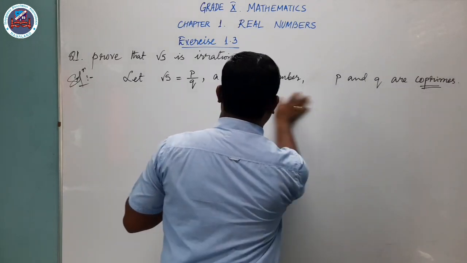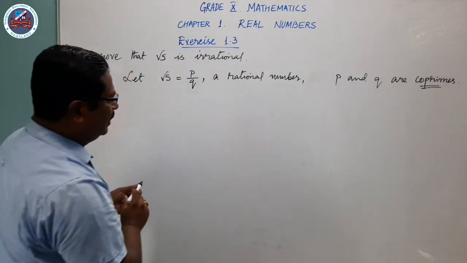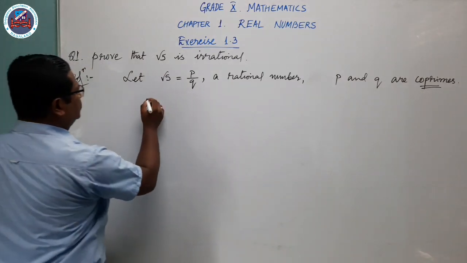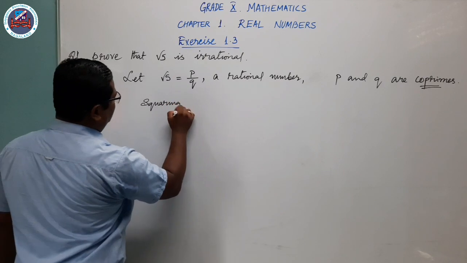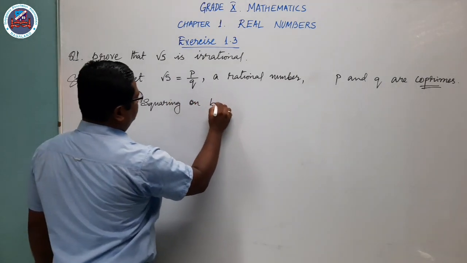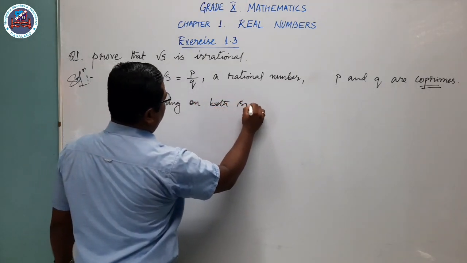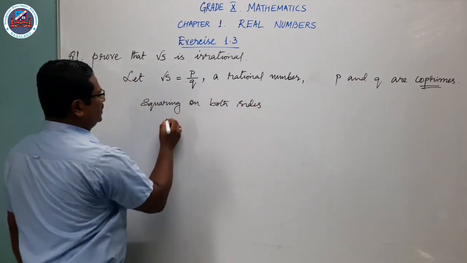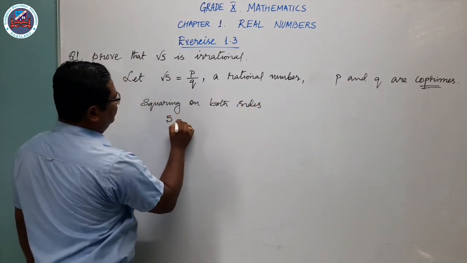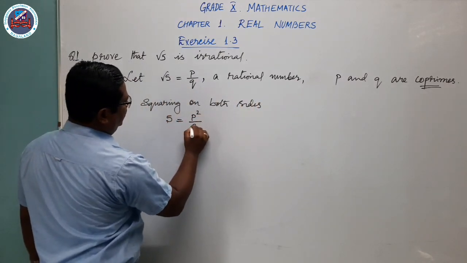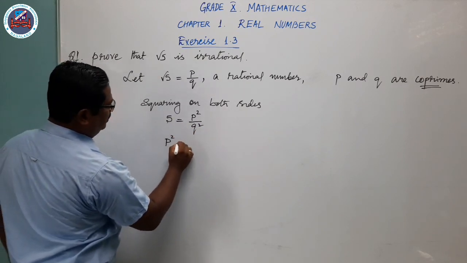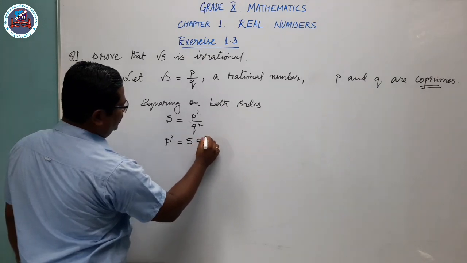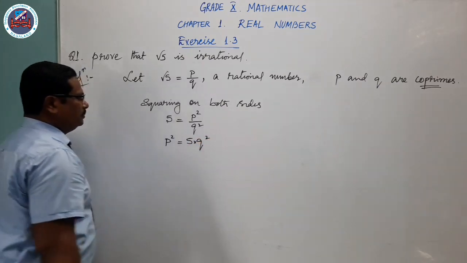Now this is our assumption. After this assumption, what you have to do is square both sides. You will get root 5 square, that is 5, equal to p square divided by q square. If you cross multiply, p square is equal to 5 into q square.